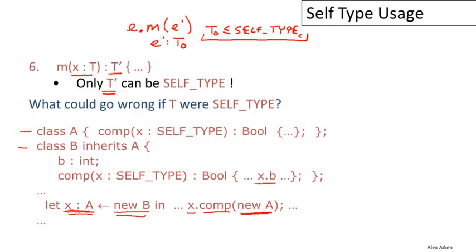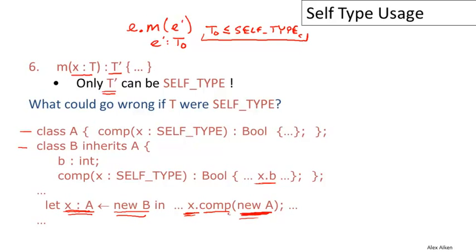This type checks just fine because x is of type A, and this argument is also of type A. If having an argument of type self-type is ever going to work, it has to work for this example, where the static types of the dispatched object and the actual parameter are exactly the same. So that clearly has to be allowed if we allow self-type as a type of the argument.